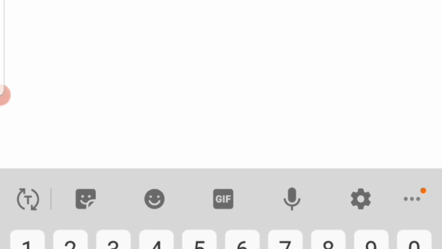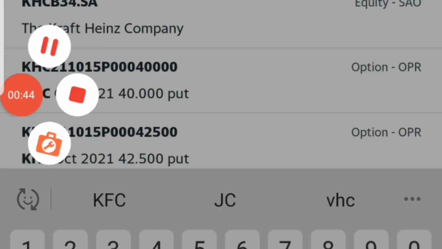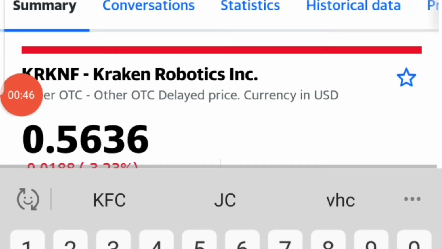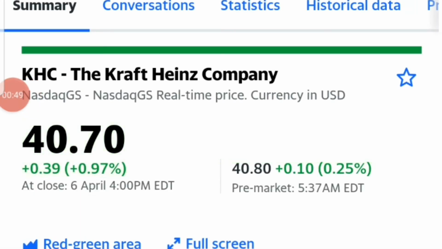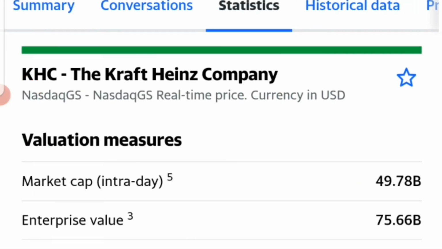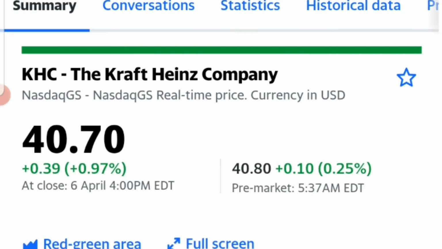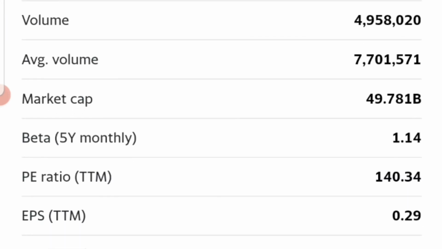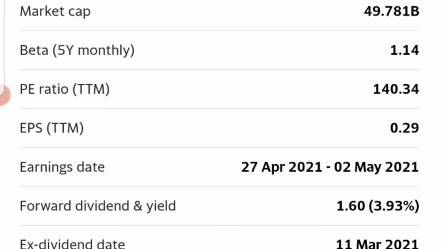Now we're going to try Kraft Heinz. Now this is a company which Warren Buffett loves. And I'll show you why. I have it in my dividend ETF that I created.